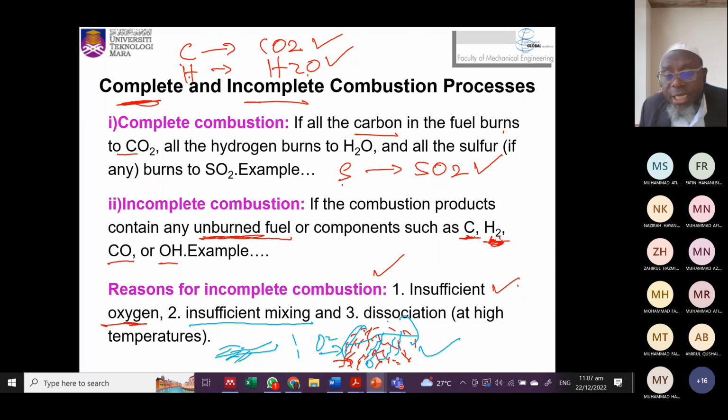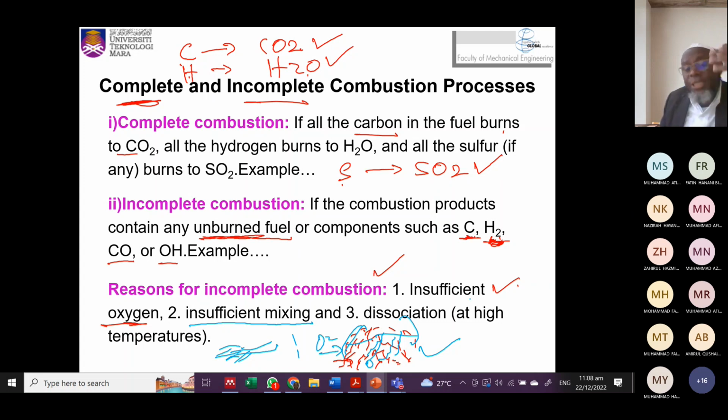Another third condition is dissociation at high temperatures. Dissociation at high temperatures means that at a very, very extremely high temperature, when the flame reaches the dissociation temperature for the oxygen, instead of the oxygen reacting with the fuel, it will dissociate.